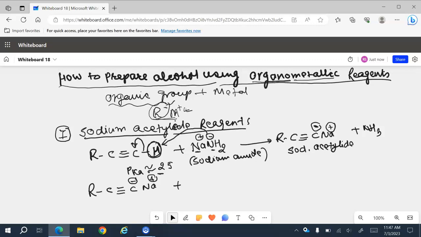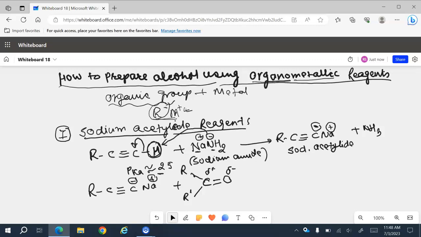The carbonyl compounds can be either an aldehyde or a ketone, say, for example, C double bond O. Now, whenever you have groups, say R and R prime, you can take this as an example of a ketone. In this carbonyl compound, the oxygen will be slightly negative and the carbon slightly positive. It is polar.